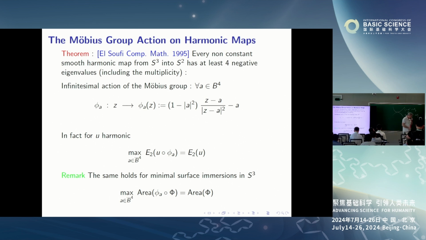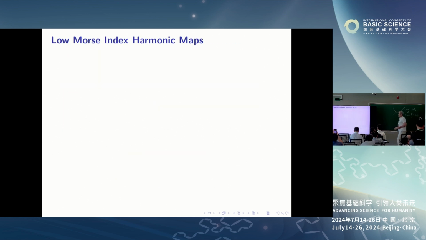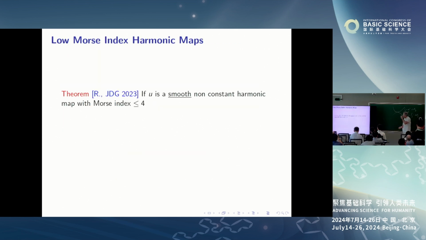And now you wonder, it's very natural, is there a harmonic map which has exactly these negative directions? In fact, this is what I proved, and it was published last year. If you take a smooth non-constant harmonic map of Morse index less than or equal to 4, then this is a harmonic morphism.